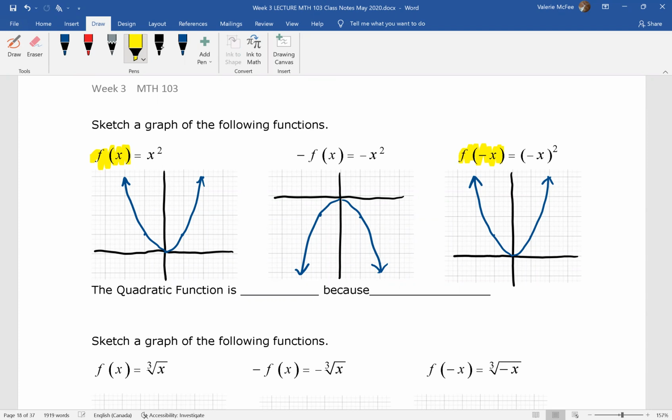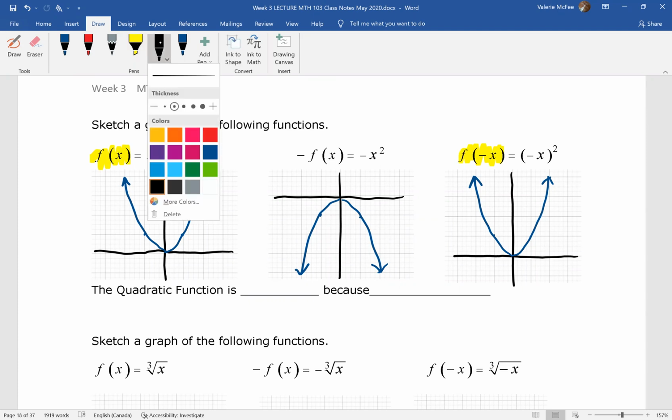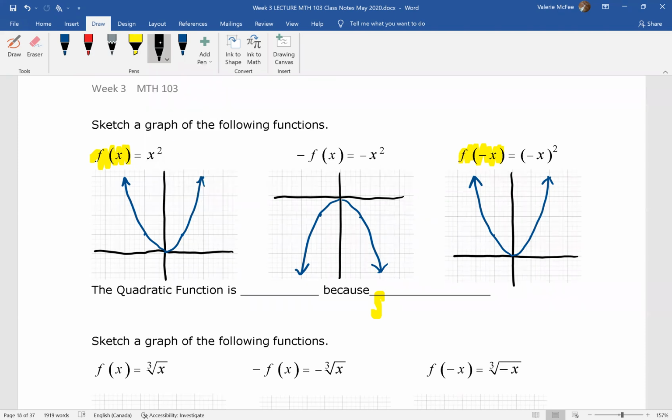What did we say is true if f of x equals f of negative x? We said that this is an even function. You can see that it's reflecting across the y-axis.